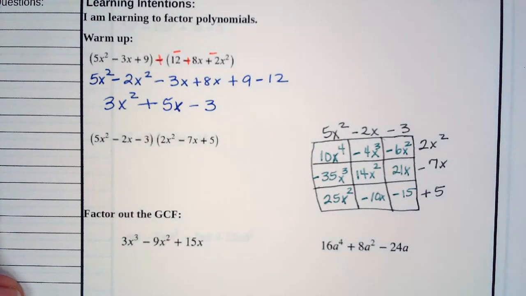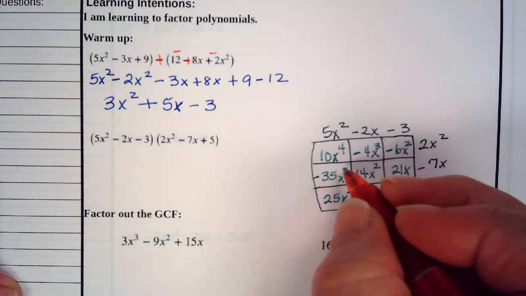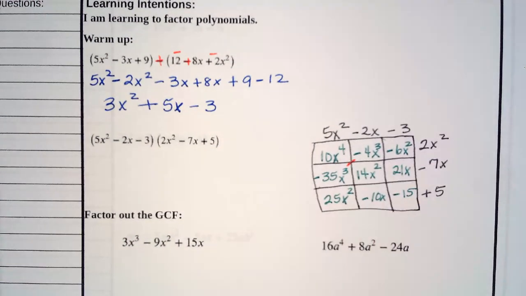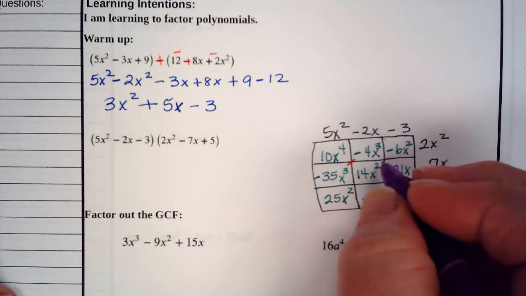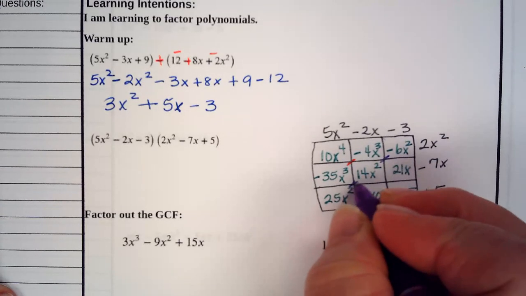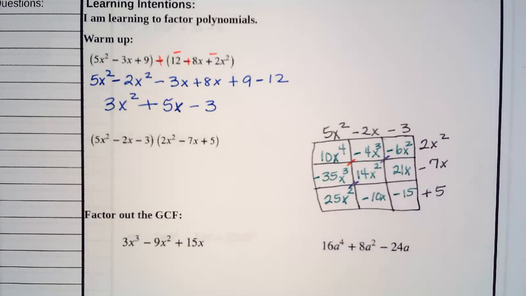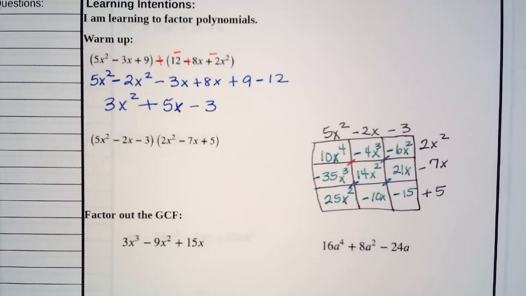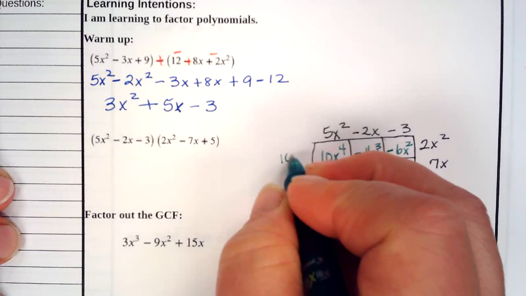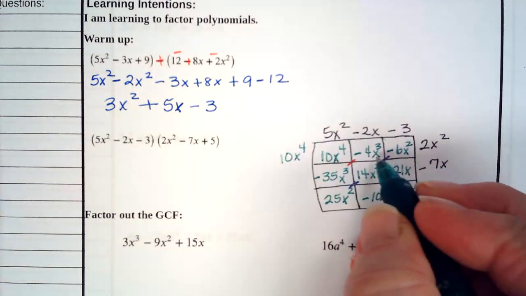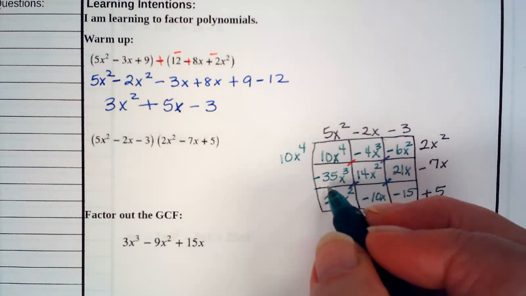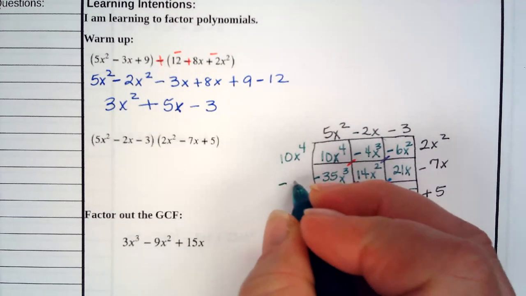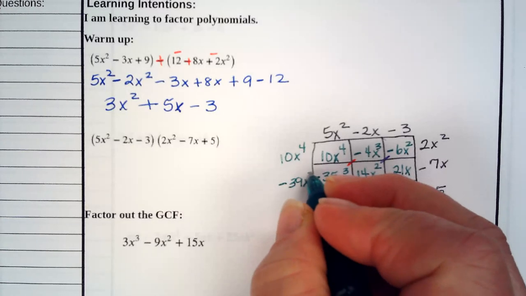Now you notice we have more than one diagonal. 1, 2, 3. 3 diagonals. So as we add or subtract whatever we need to do, 10x to the fourth comes out. Negative 4x to the third minus 35 more is negative 39x to the third.